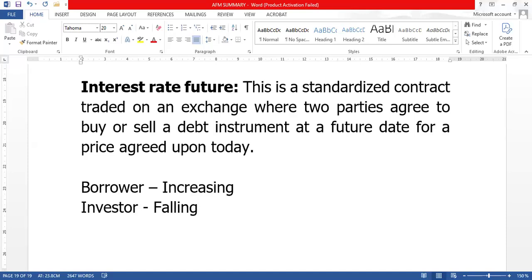Just imagine that you're offering a loan, and at a certain point, you realize that the interest rate has fallen down. In that scenario, you lose income. So you protect yourself by capping the interest rate. You protect yourself by entering into this arrangement.